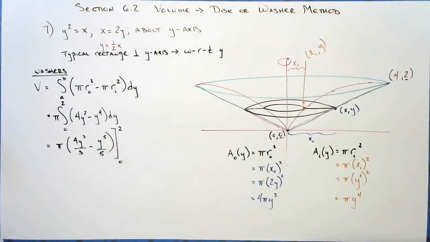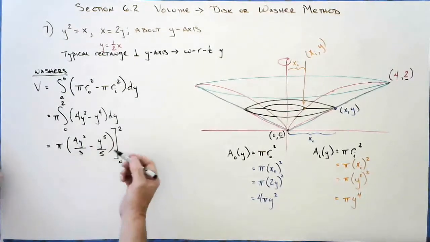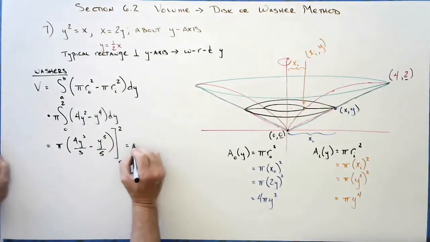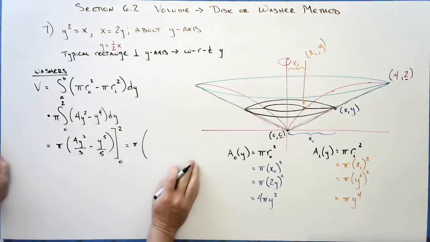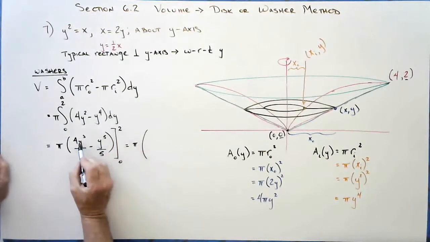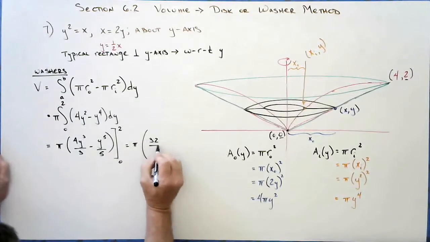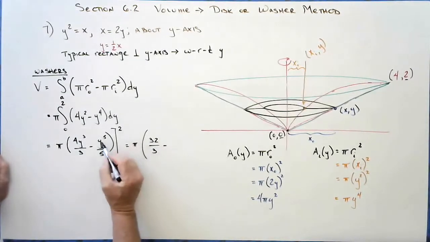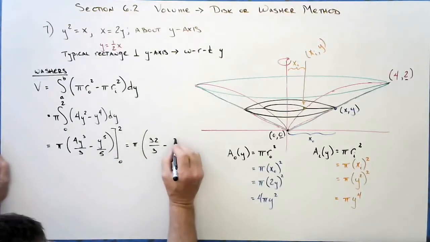Well, let me show you a trick since it came up while we were doing this problem. Here's pi. If you plug a 2 in here, 2 cubed is 8, 8 times 4 is 32, and that's over 3. If you plug a 2 in here, 2 to the 5th is also 32, and so that's 32 over 5.